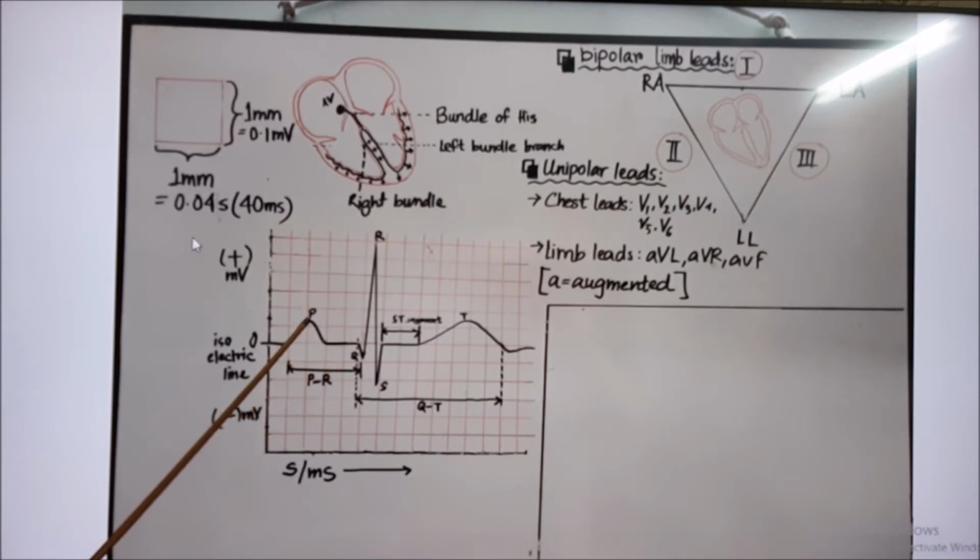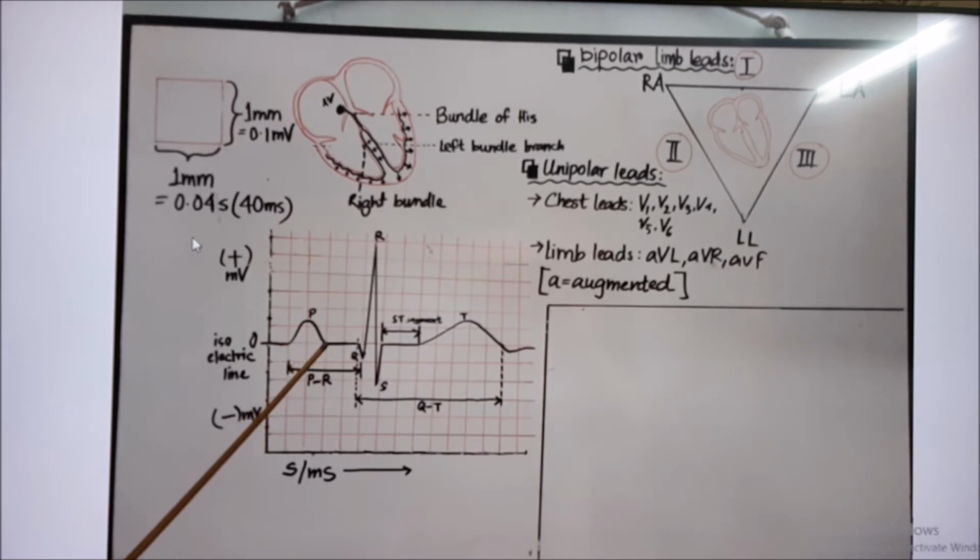The height is 2 to 3 millimeters, that is 0.2 to 0.3 millivolt amplitude. And the duration of this P wave is usually 0.08 to 0.10 second. That indicates one small square, another small square, and another half small square.